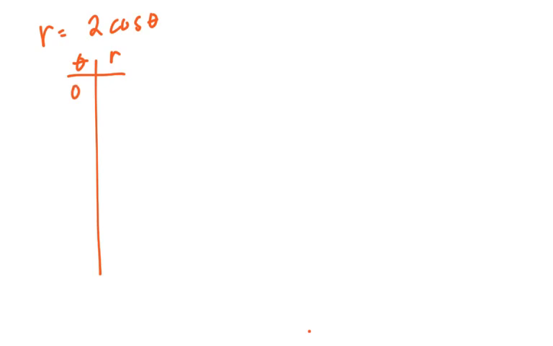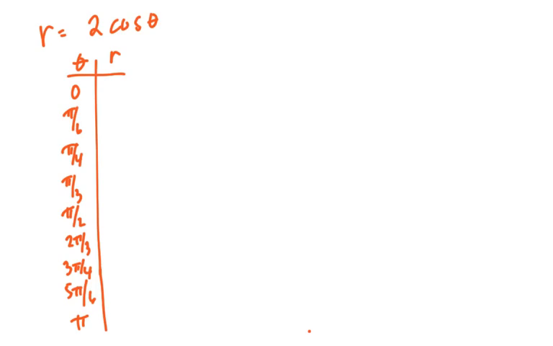So we start with theta, and we're going to go 0, pi over 6, pi over 4, pi over 3, pi over 2, 2 pi over 3, 3 pi over 4, 5 pi over 6, pi. Now we'll see what's happening before we decide whether or not to continue.